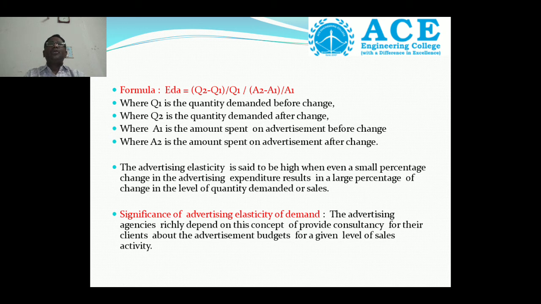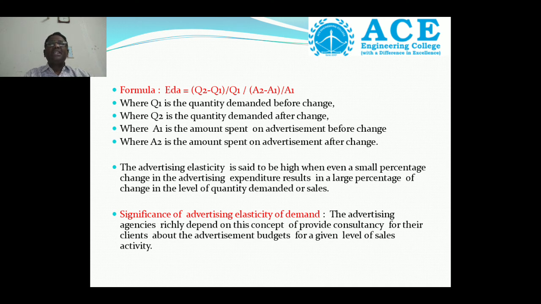Q1 is the quantity demanded before change, Q2 is the quantity demanded after change, A1 is the amount spent on advertisement before change, A2 is the amount spent on advertisement after change. Then the advertising elasticity is said to be high when even a small percentage change in advertising expenditure results in a large percentage change in the quantity demanded or sales.